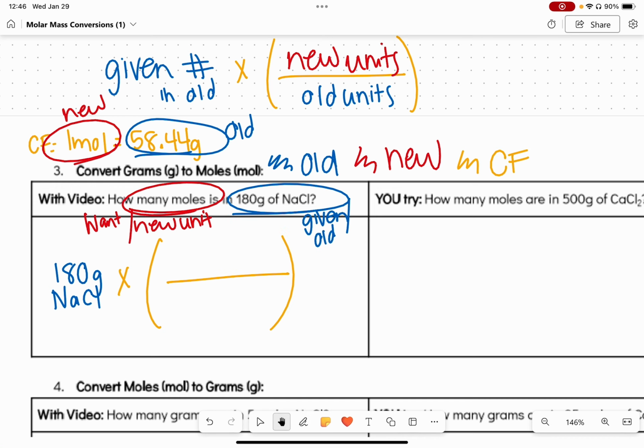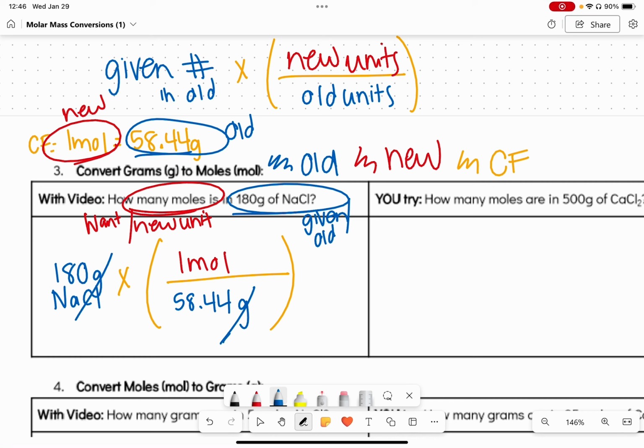So 58.44 grams, that is our old unit, that's going to go on the bottom. And because I want to find moles, the 1 mole from my conversion factor is going to go on top. So my grams cancel out.